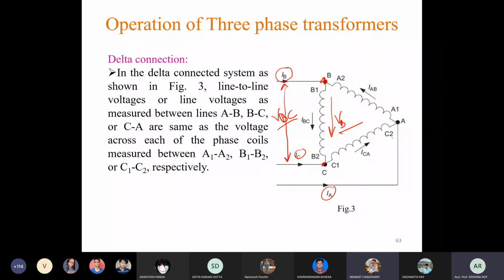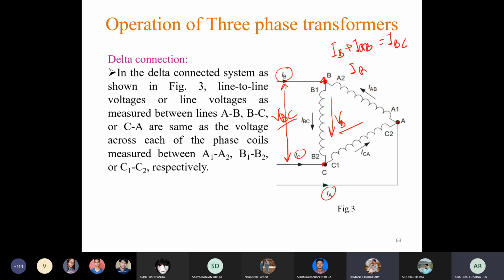Okay, so these currents are not negative for IA or IB, so don't think in that way. Actually, at this point, two currents are entering, IB and IAB, and the leaving current is IBC. So if you apply KCL, you can write IB plus IAB is equal to IBC.